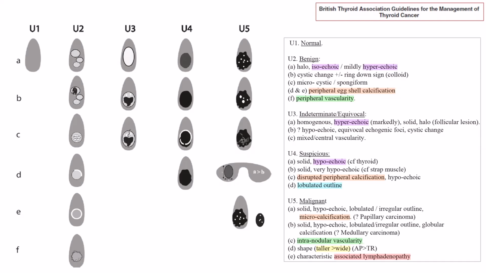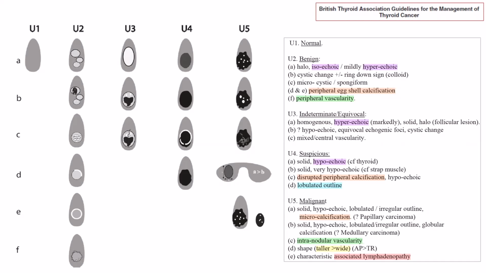Also intranodular vascularity, and also the shape of the thyroid nodule, if it is taller than wider. This is a very important malignant feature. And also any associated suspicious lymphadenopathy or disrupted peripheral calcification or lobulated outline. These are all suspicious features.